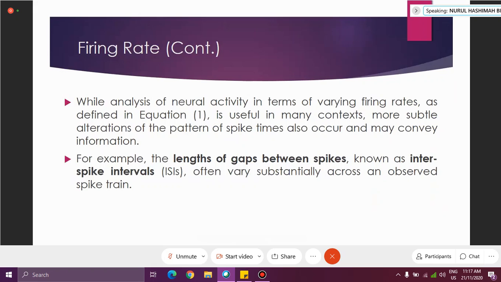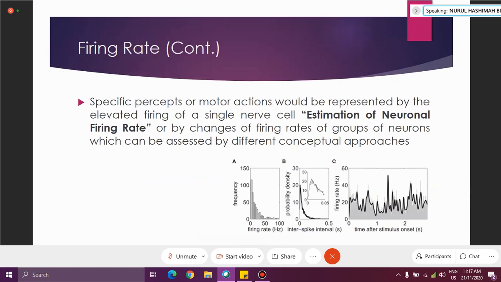For example, the length of gap between spikes, known as inter-spike intervals, often varies substantially along the spike train. So for every response they will have different spike patterns. This can also be observed through the gap between the spikes, and some specific percept or motor action would be represented by the elevated firing of a single nerve cell.